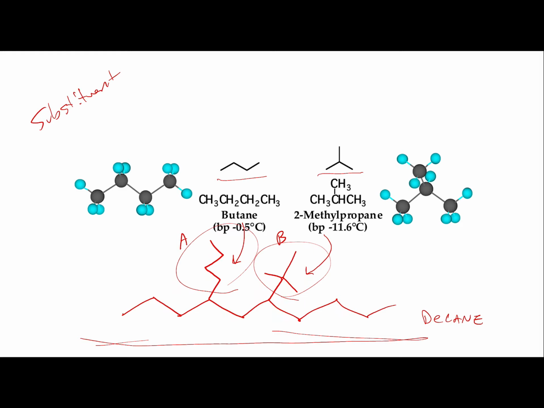Even though it's the same formula, same number of carbons, even if they were on the same position, if this guy was attached right here instead, they would still get different names because 2-methylpropane is different than butane. They are connected differently. So that makes part of our job a little harder in this class, because we have to now recognize when we have constitutional isomers and that they might be named differently.